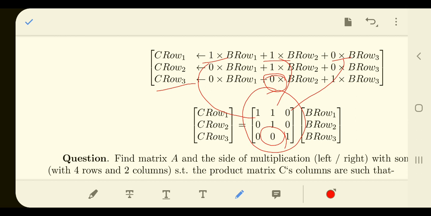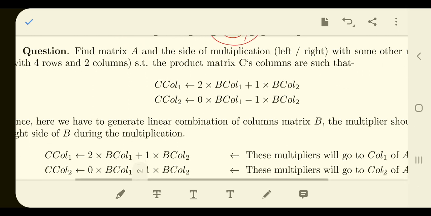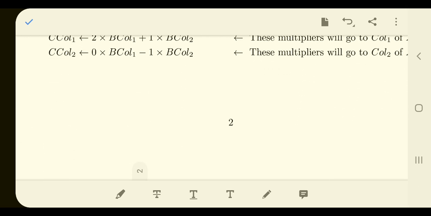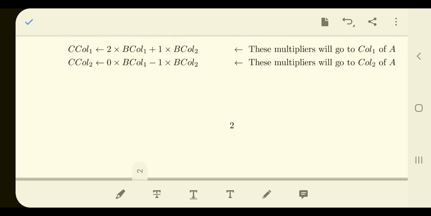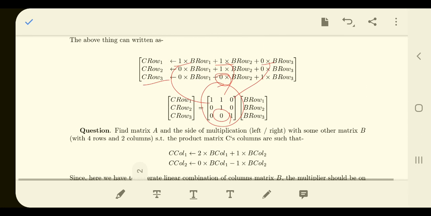Okay, now the same thing you can apply to columns. If you want to generate columns, you have to go through column matrices, and you have to put the multiplier on the right hand side. So multiplier has to be on the right hand side to make it work.